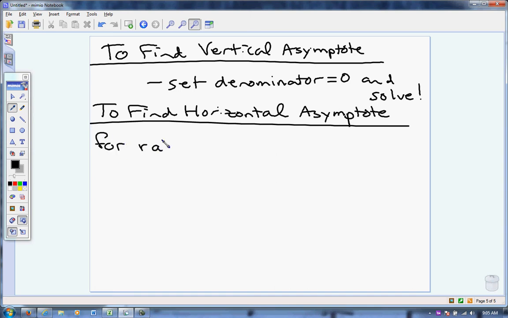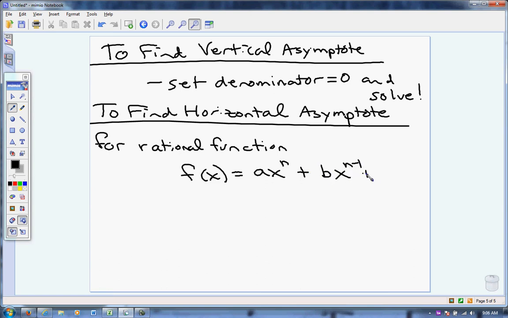For the rational function f of x equals ax to the n plus bx to the n minus 1 plus so on and so forth over ax to the m plus bx to the m minus 1 plus so on and so forth.